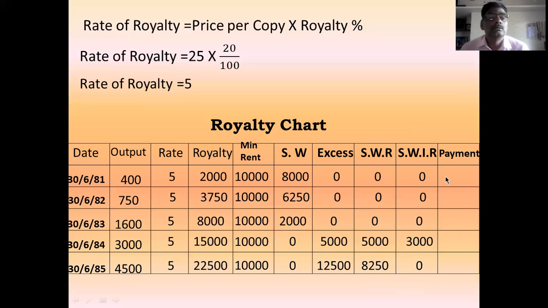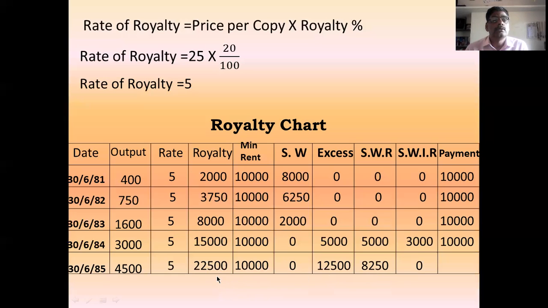Payment is equal to royalty plus SW minus SWR. 2,000 plus 8,000 minus 0. 3,750 plus 6,250 minus 0. 8,000 plus 2,000 minus 0. 15,000 plus 0 minus 5,000. 22,500 plus 0 minus 2,000.